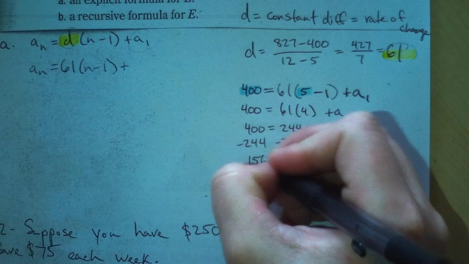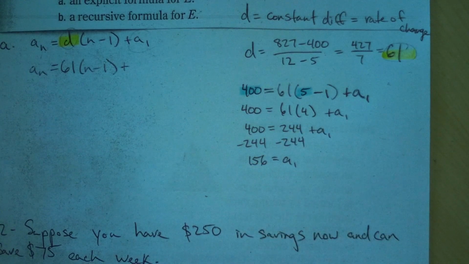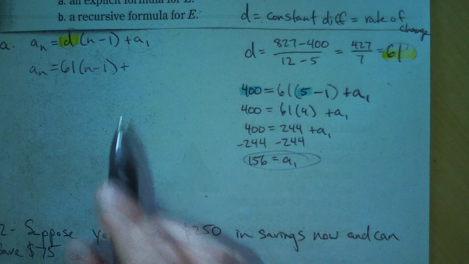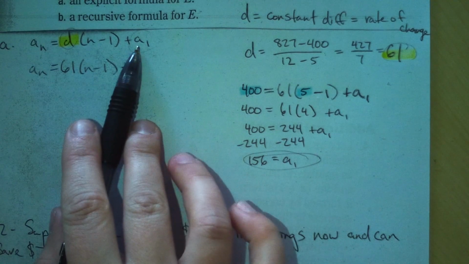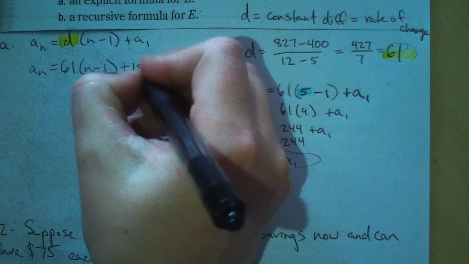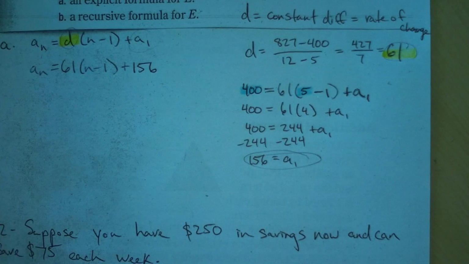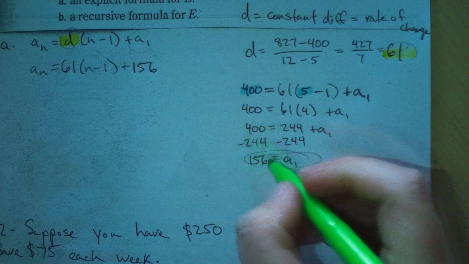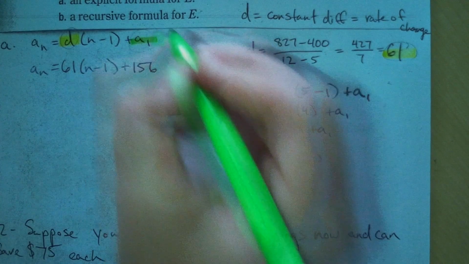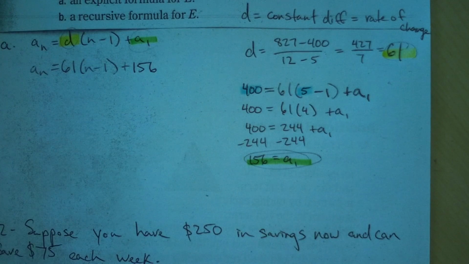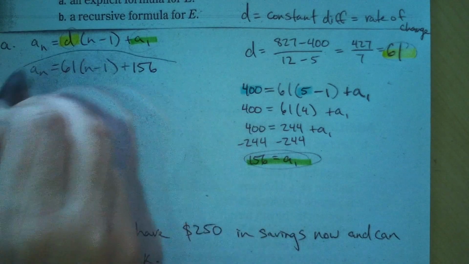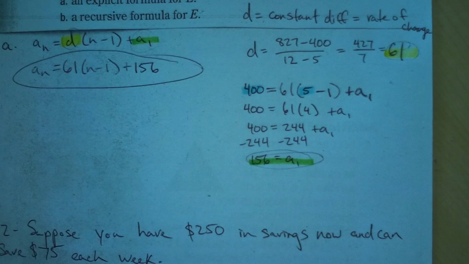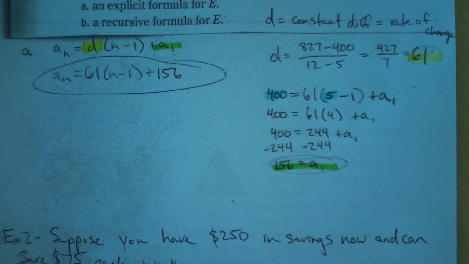So we can just take our same info and put it in the spots. We know our A sub 1 was 156, so A sub 1 is 156, and then in the second row, A sub n is equal to A sub n minus 1, the previous term, and then our constant difference would be our d value that we found up here, which we know would be 61.